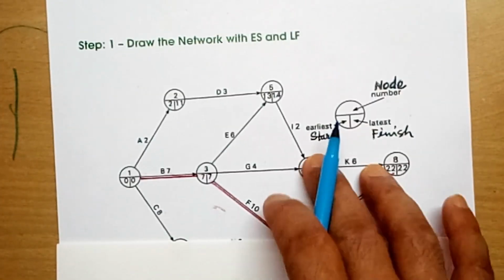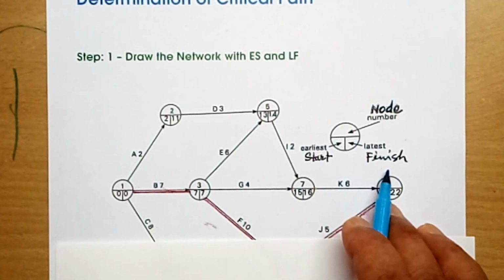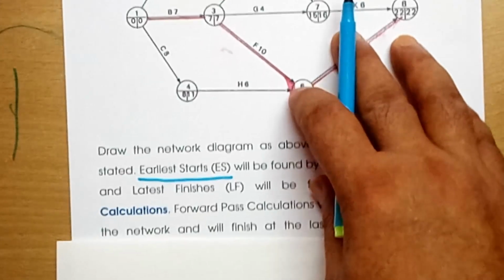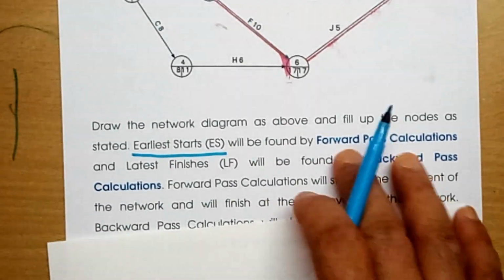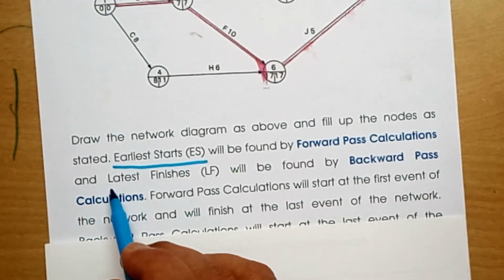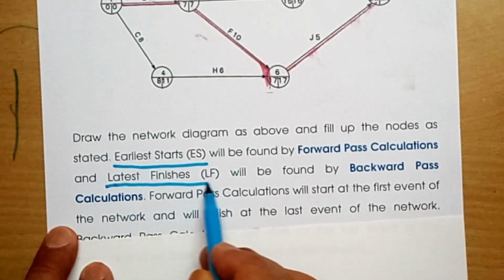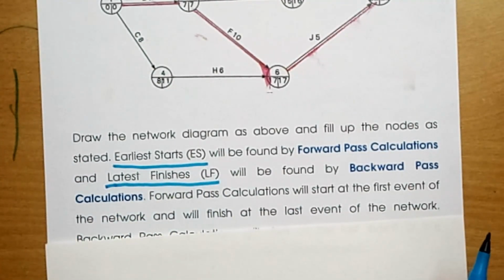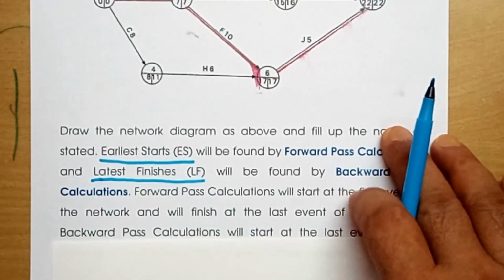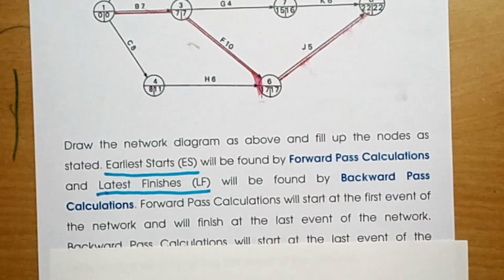And to find out the latest finish of every node, you apply which method? You apply backward pass calculation. Okay? Now let us see what is forward pass calculation and backward pass calculation.